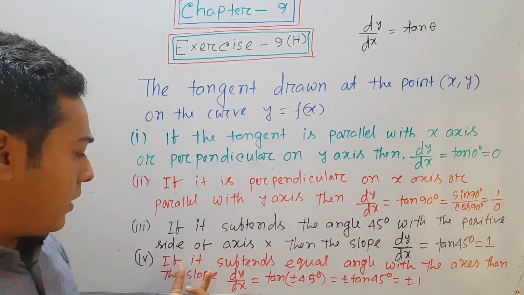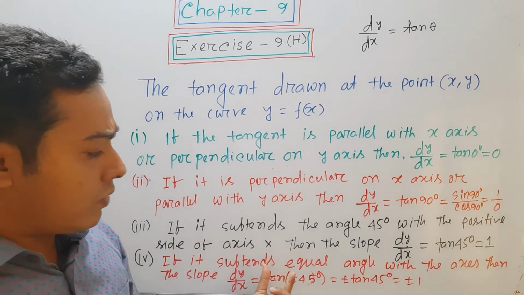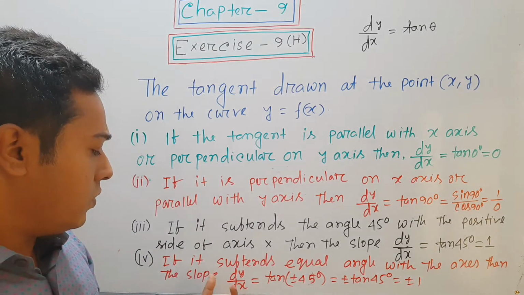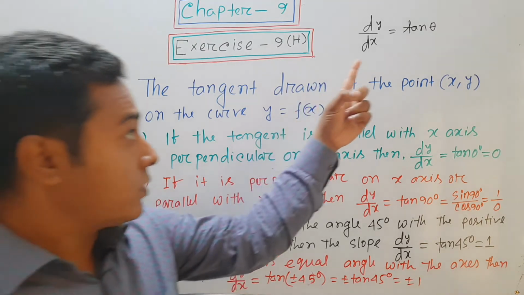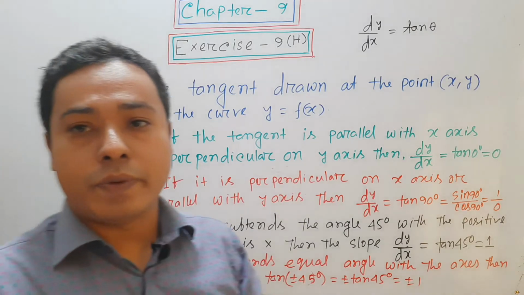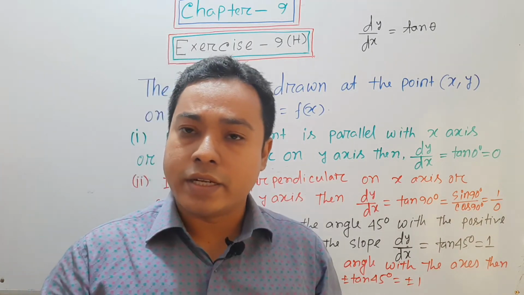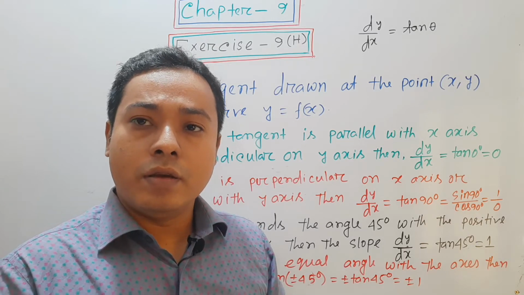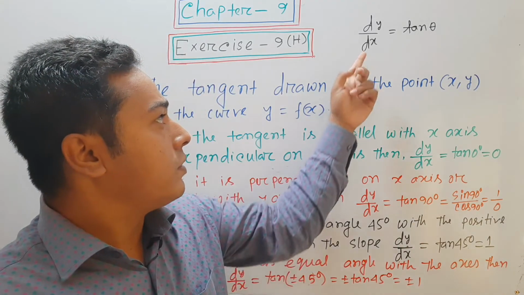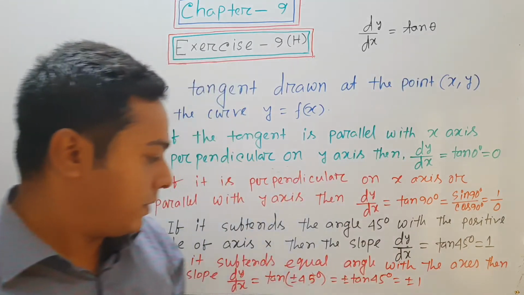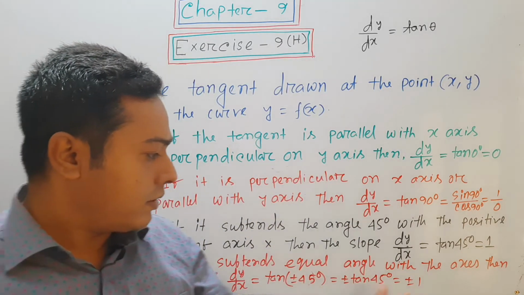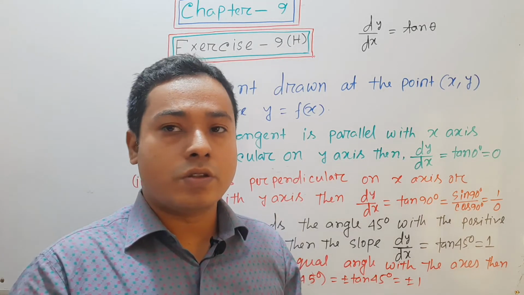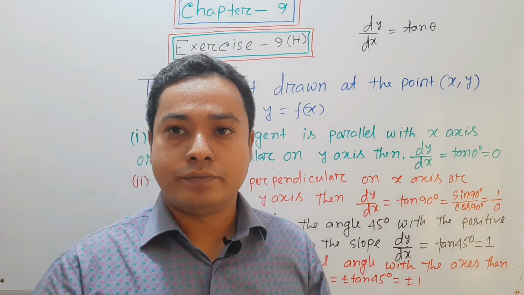If it subtends equal angles with both axes, I mean 45 degrees, then dy/dx is equal to tan plus or minus 45 degrees, and we can write it as plus or minus 1. So dy/dx is equal to plus or minus 1, that means the slope is equal to plus or minus 1.